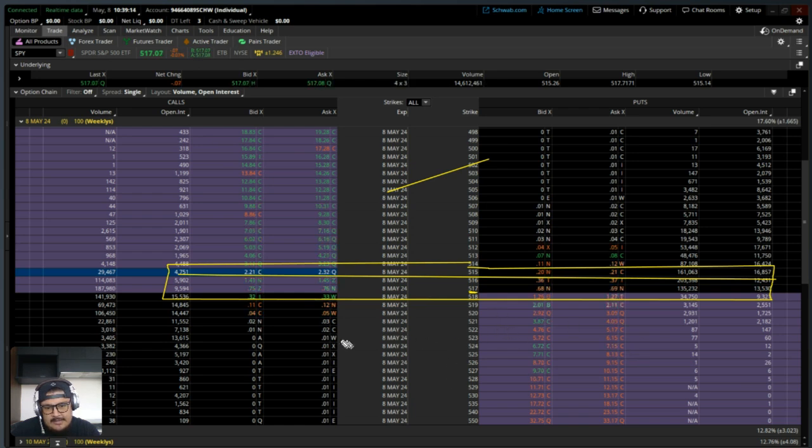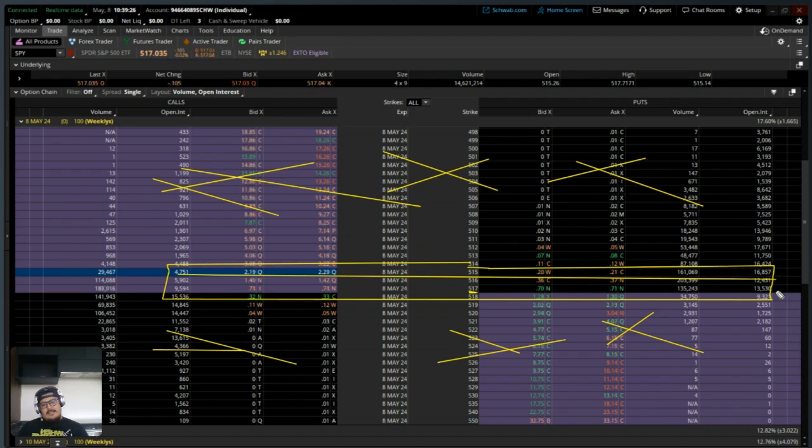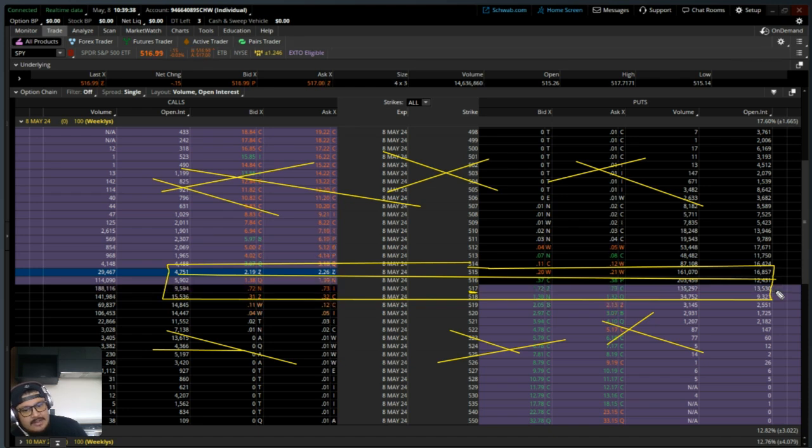So if you want to do multi-leg strategies with options, such as a condor or butterfly, then you could be selling the 514 and 515 puts, and then the 520s on the calls, and you will be able to make a lot of money off of the premium, because you know where the market will not move.